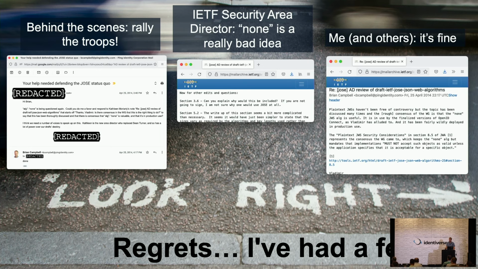And I wanted to help. I wanted to belong to this group that was developing this stuff, had code in production that was using alg-none in a safe way, and I didn't want to change that. What I said in this message defending alg-none seemed very reasonable. It reads pretty well. It's a reasonable argument that makes sense, but it's also completely wrong because it ignored the realities of deployment, the mismatch of assumptions between libraries and developers, and what would really occur.